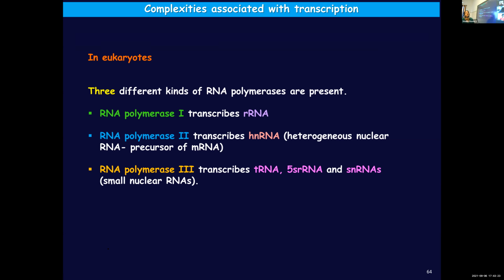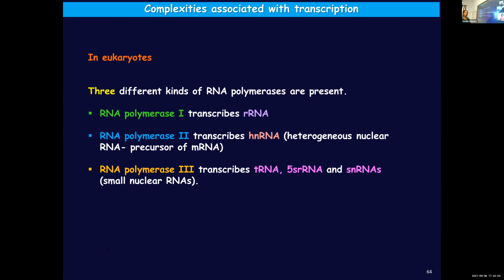Steffi, what is the significance of hnRNA? It is the precursor of messenger RNA, which means when it is first formed, it is in the form of hnRNA. Then it undergoes some transformation and changes into messenger RNA. And RNA polymerase 3 is concerned with the transcription of transfer RNA, 5S ribosomal RNA, and small nuclear RNAs.